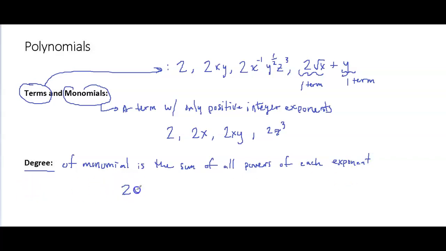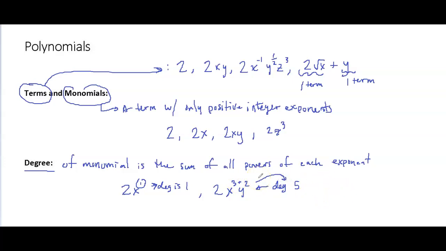So in 2x, the power is 1, so then the degree is 1. And an example like 2x to the third y to the second, the degree is 5. 2 plus 3 is 5.